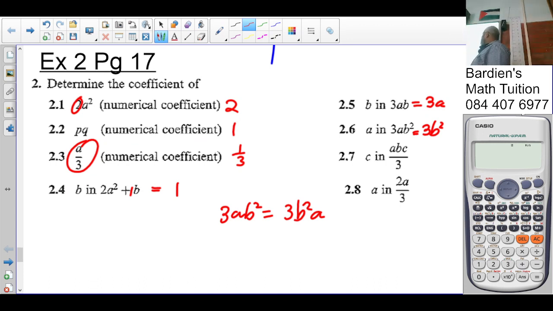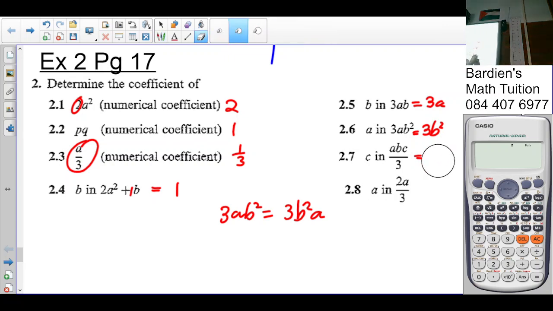What's the coefficient of c? 1 over 3 ab, or ab over 3. Both are acceptable. If the question was for the numerical coefficient, it would have been 1 over 3. What does numerical mean? The number. You understand?